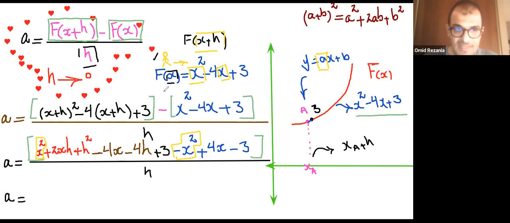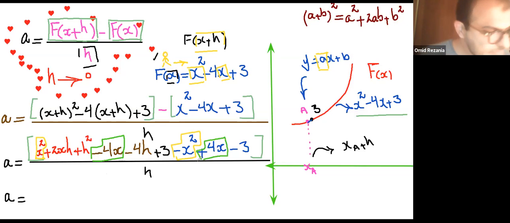And also look at this. I have one more term which seems similar. Look at minus 4x here and plus 4x here. You see that? They are also equal things but with opposite sign, which means that you kill them. They are gone.